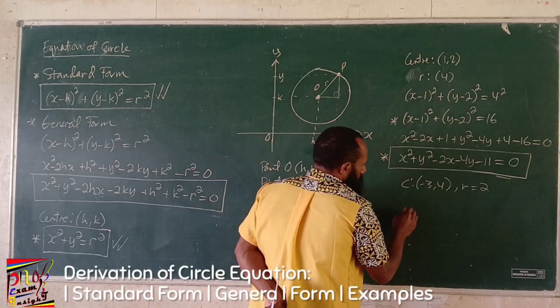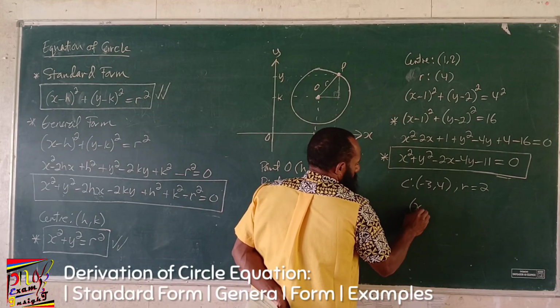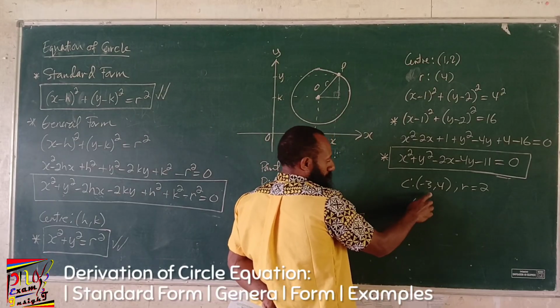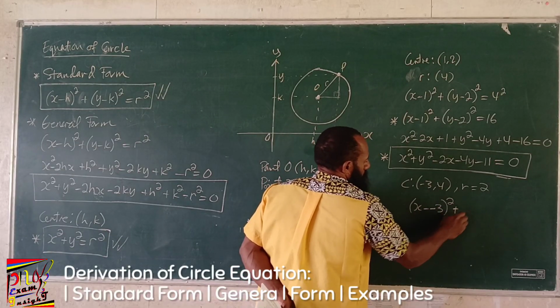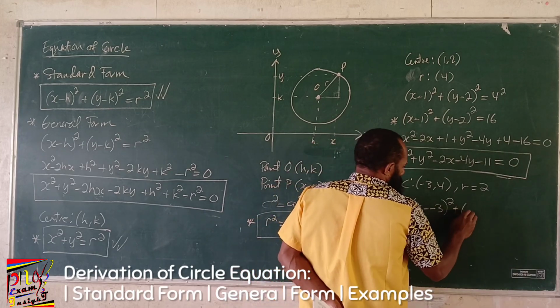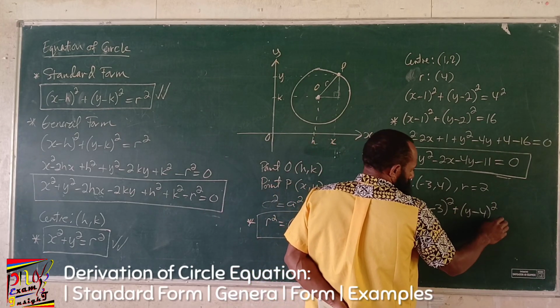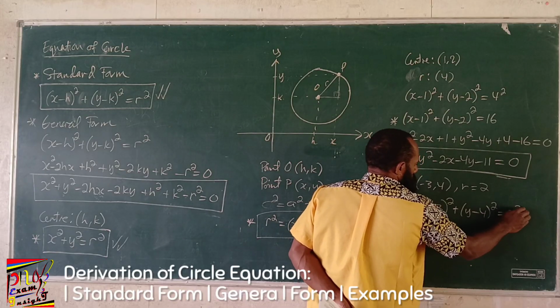Same thing, we substitute the values into the standard form. X minus h, so minus minus 3, all squared, plus (y minus 4) squared equals 2 squared.